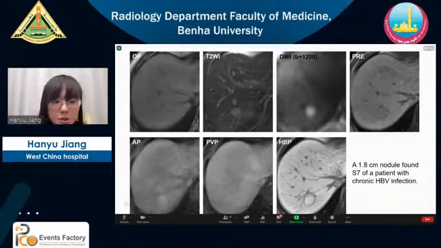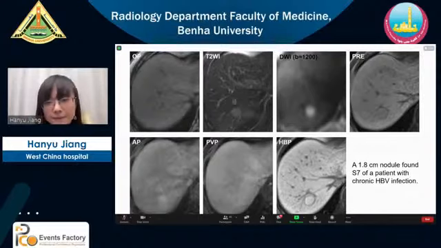The observation demonstrates non-rim APHE, nonperipheral washout, enhancing capsule, mild to moderate T2 hyperintensity, restricted diffusion on diffusion weighted imaging, and paradoxically HBP hyperintensity.